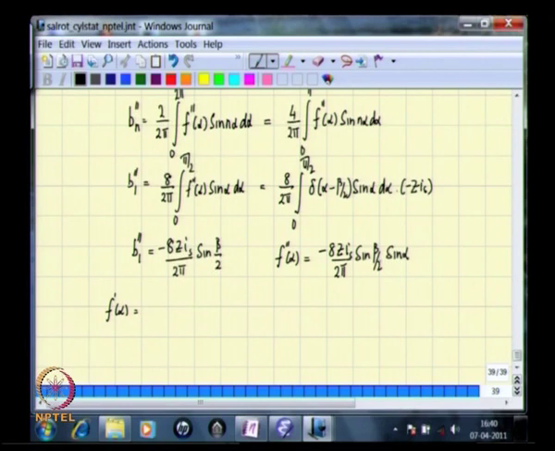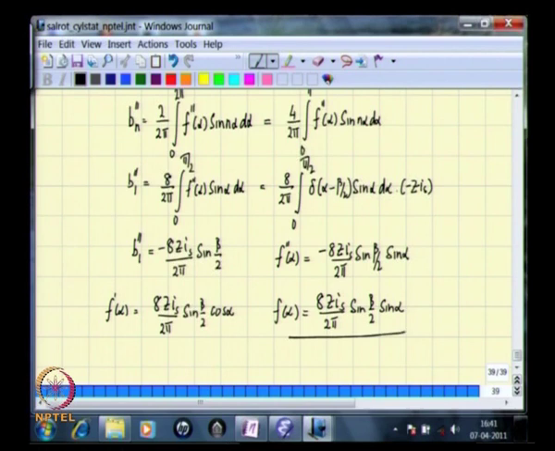For that all we need to do is to integrate this, and that would give us 8 zis by 2 pi sine beta by 2 cos alpha, and then we need to integrate once again to get f of alpha, which is 8 zis by 2 pi sine beta by 2 into sine alpha.